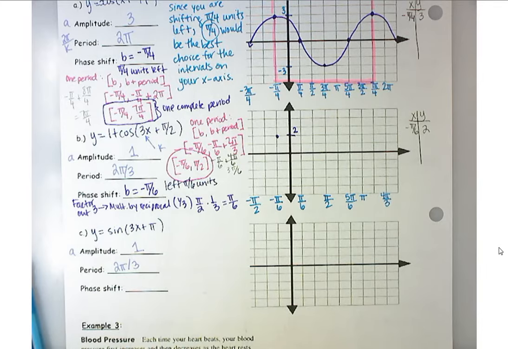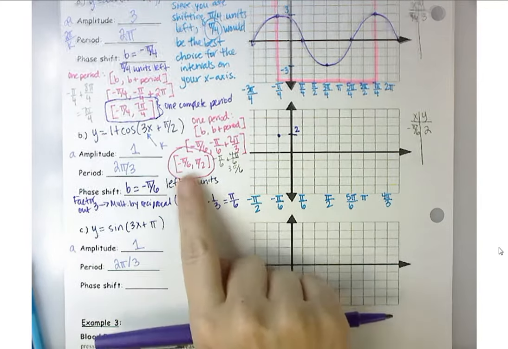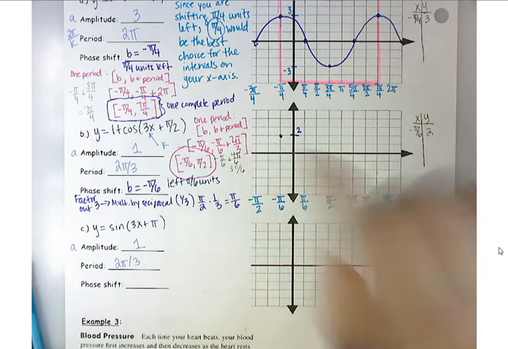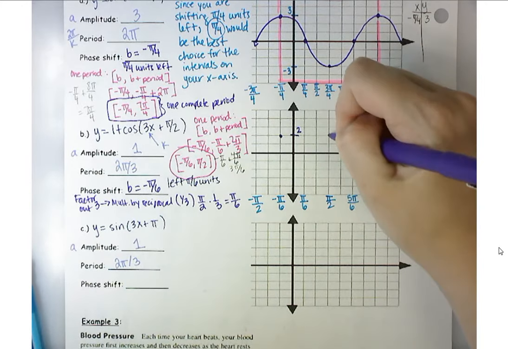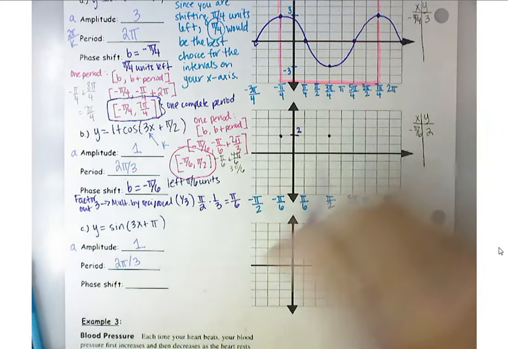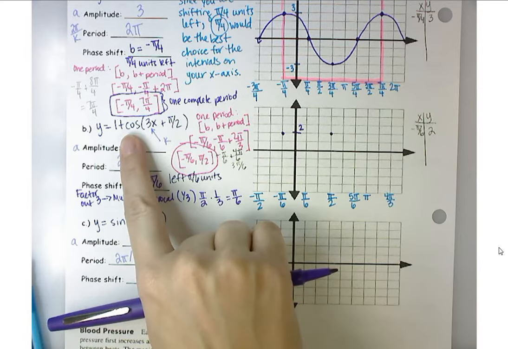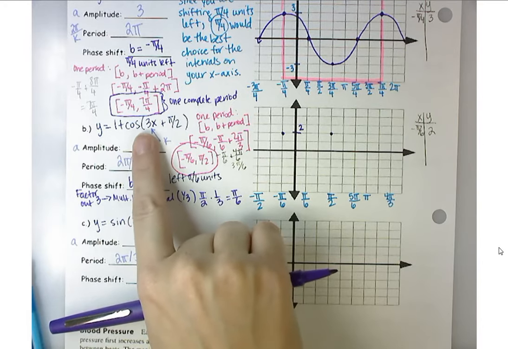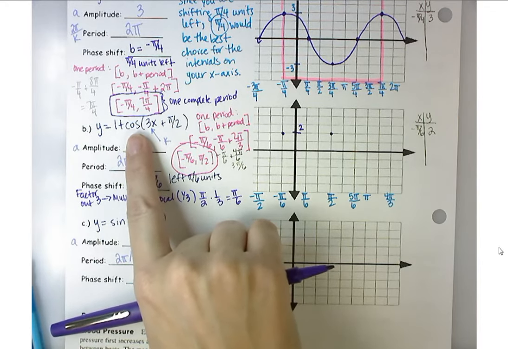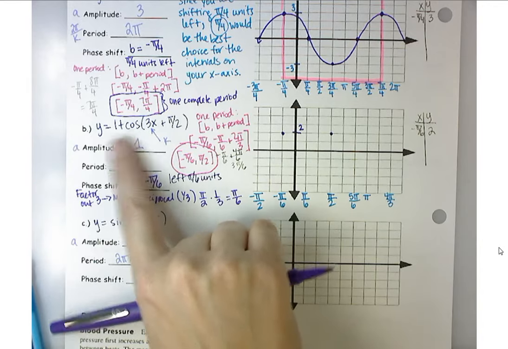Okay, so then following my pattern, if it's negative pi over 6 to pi over 2, I know at pi over 2, that's the next place where I'm going to hit my maximum, because this is cosine. Now you can either reason this out. Normally, where's your minimum for cosine? Negative 1. But then we shifted it up 1.